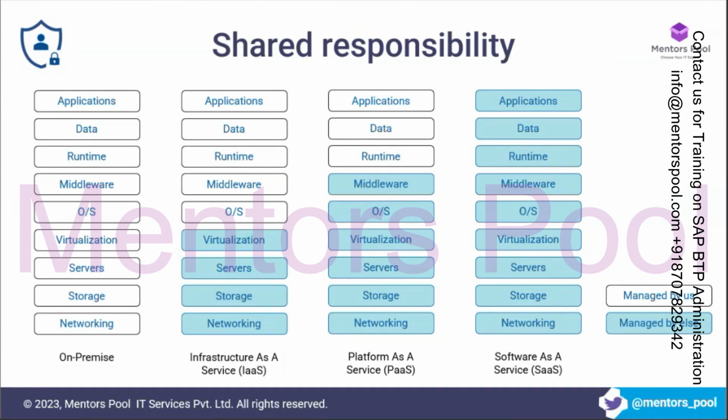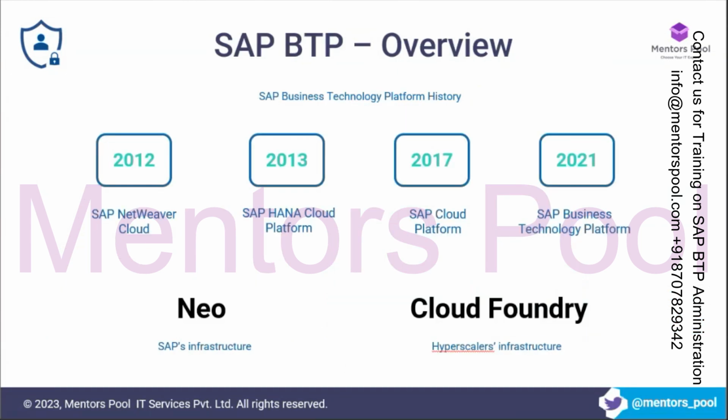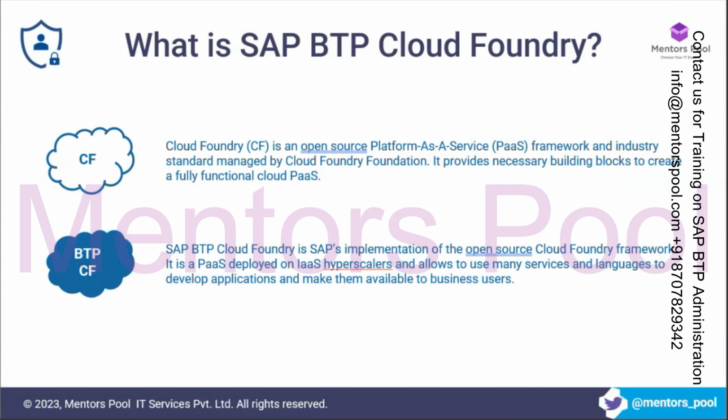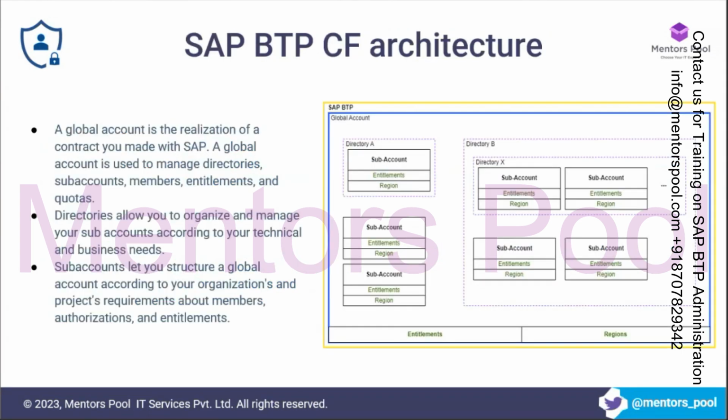Then we went on to learn about SAP BTP, how it started, what is Neo, what is Cloud Foundry. Then we dove deeper into what is Cloud Foundry exactly and how SAP is using Cloud Foundry to create BTP for us. We saw BTP architecture, what are subaccounts, global accounts, directories, right?